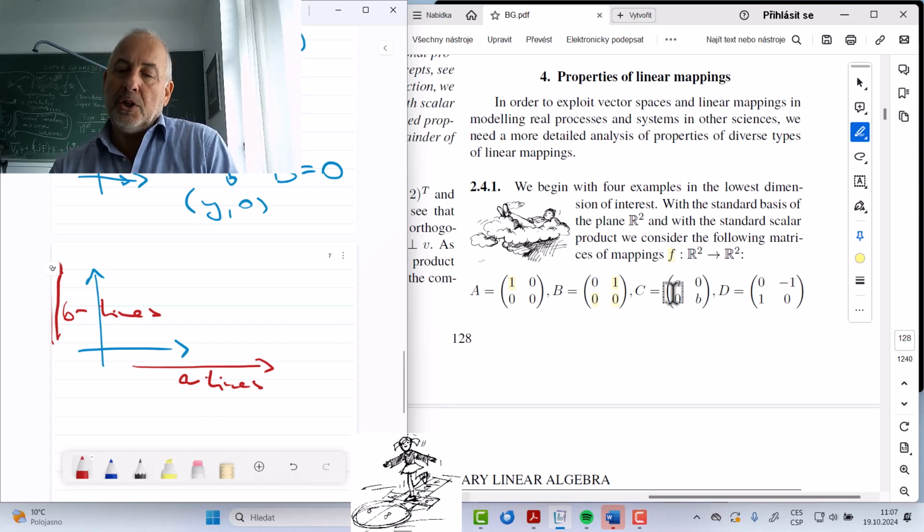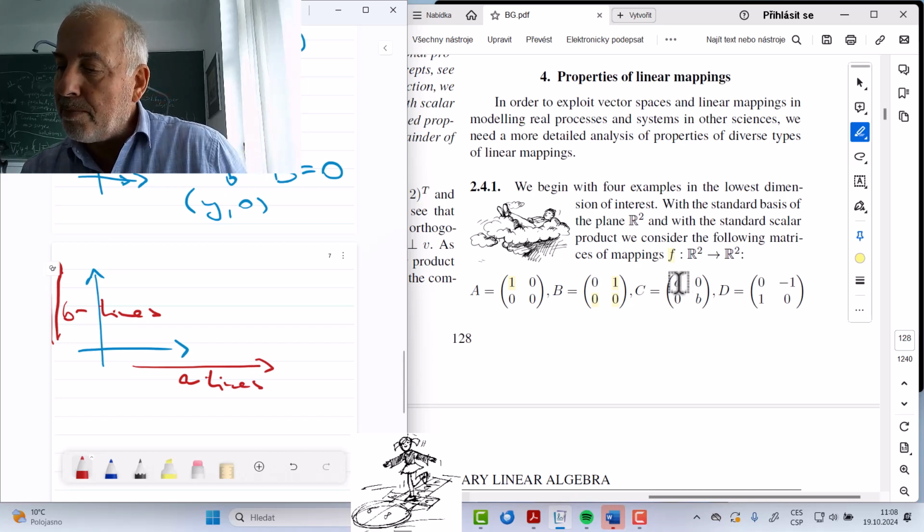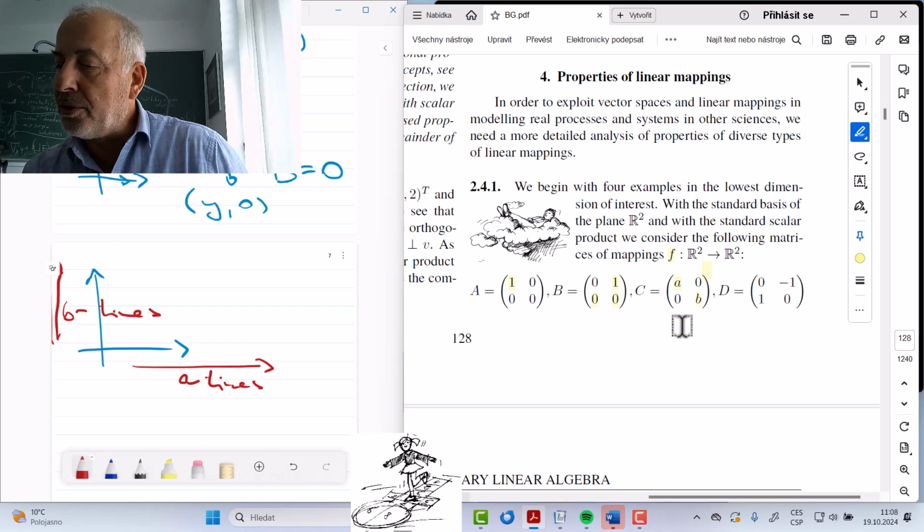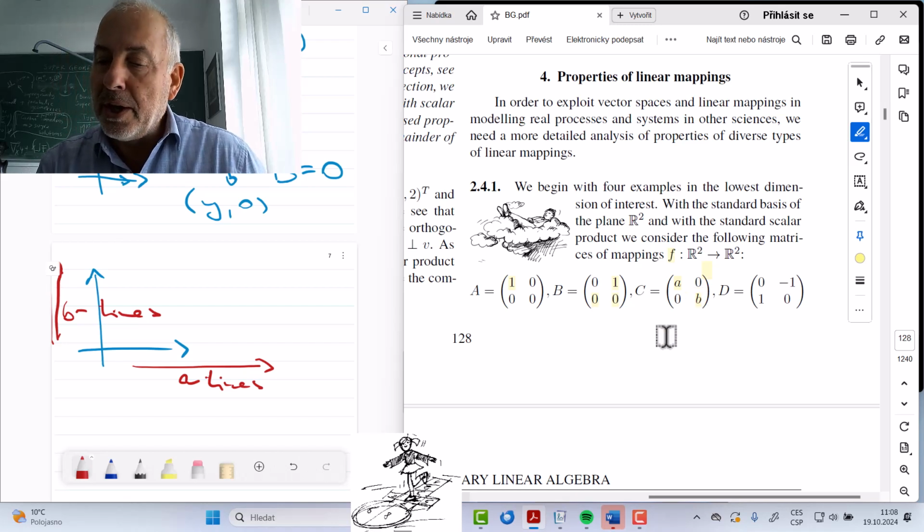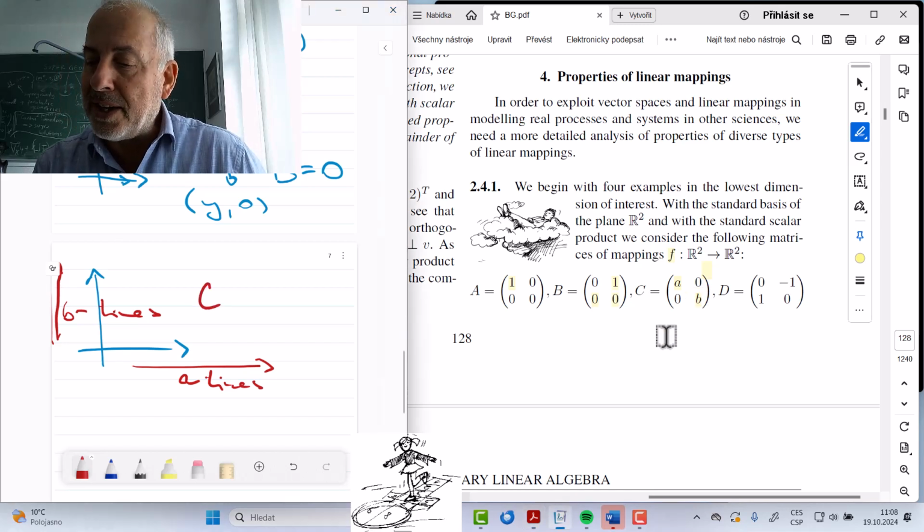In each of the coordinates I just rescale it. If you imagine what it does with the plane, if the plane was from rubber, I would just, in one direction, extend it A times or shrink, whatever A is, and in the other direction it would be B times. So that's the best understood thing, and you see that the best understood thing corresponds to a diagonal matrix.